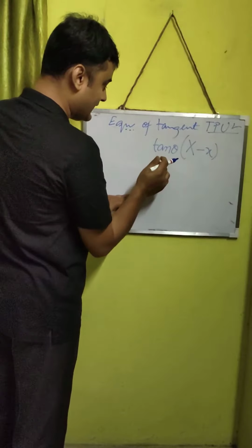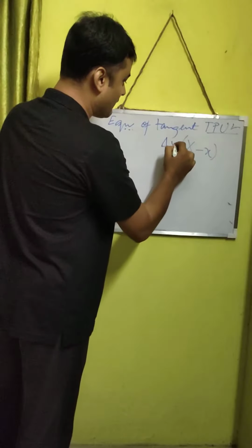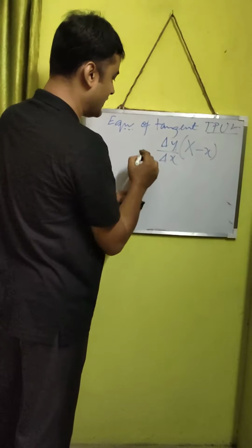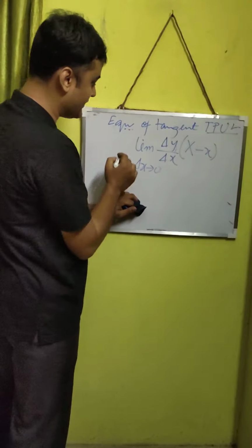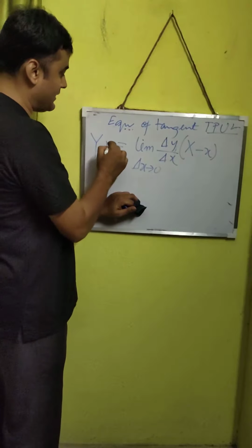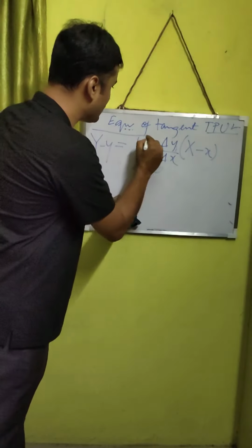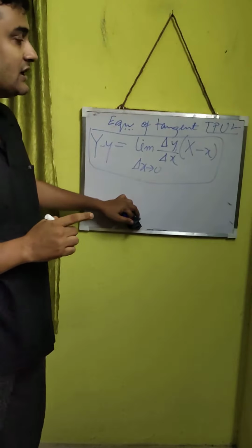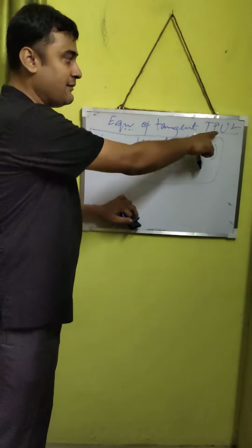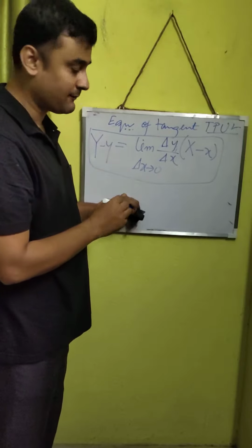Here tan theta is replaced by delta y by delta x, which we already found, and in the limiting position, delta x tending towards 0, Y minus y equals this. This is the equation of the tangent TPU at the point P to the curve y equal to f(x).